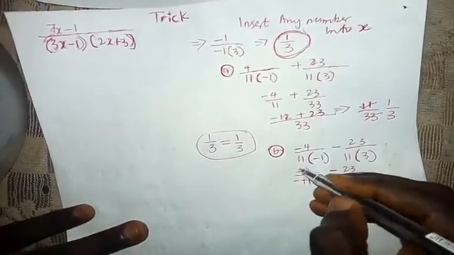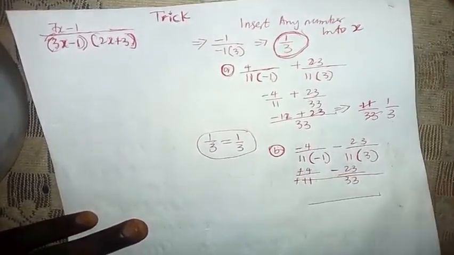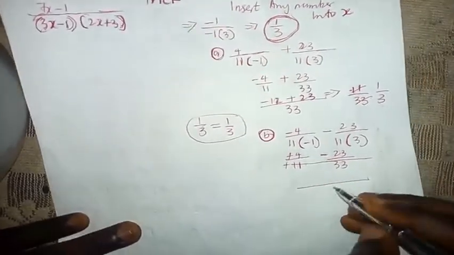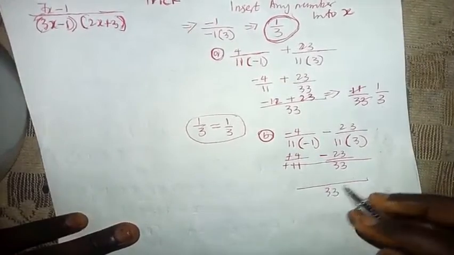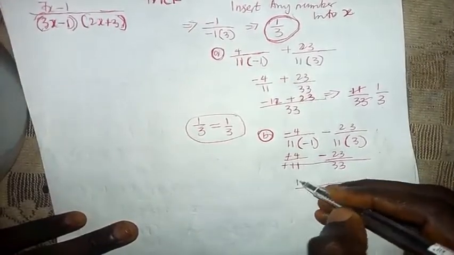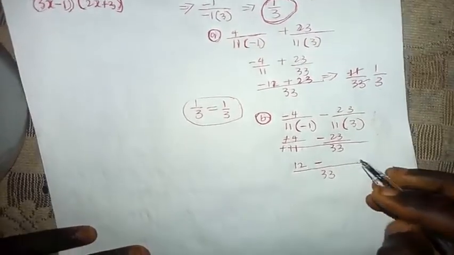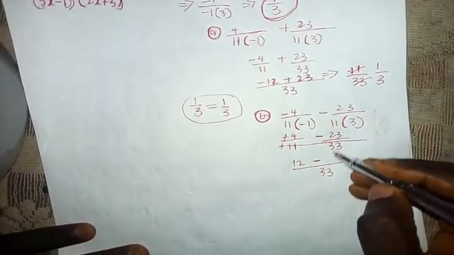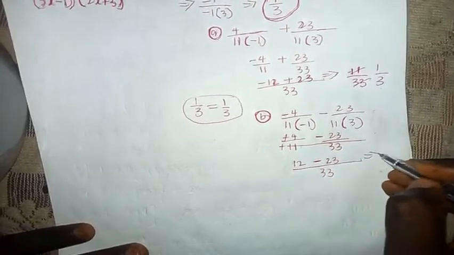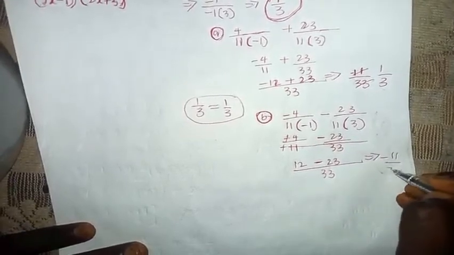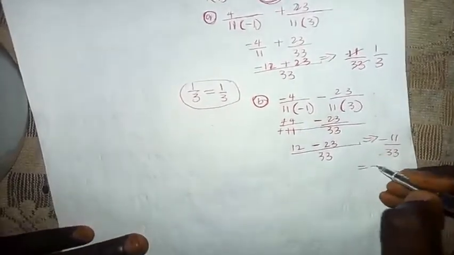So this cancel each other. So that's 33, that's 3 times 4, that's 12, minus 23. So this is minus 11 over 33. So this is minus 1 over 3.